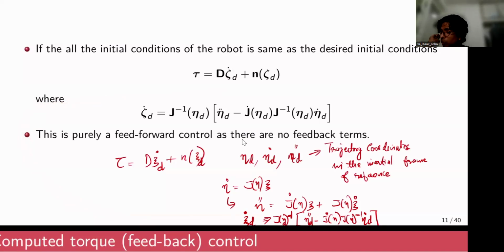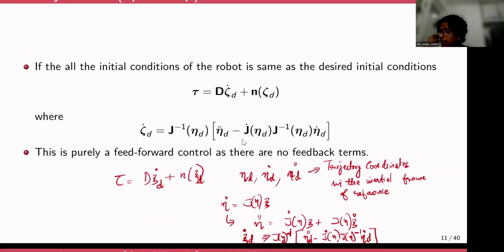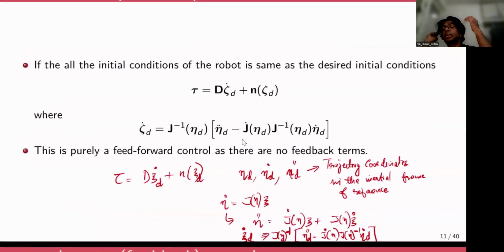It's also an open loop control scheme, and just like in the inverse kinematics open loop scheme, we want the initial positions and initial velocities of the desired and the actual coordinates to coincide. Otherwise, there is always going to be an offset between the desired and the actual path.